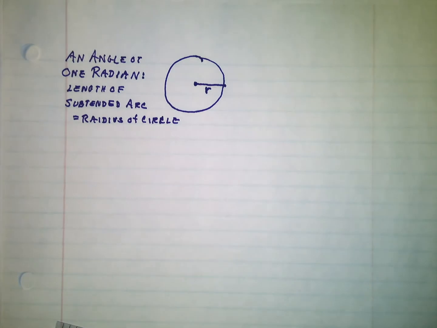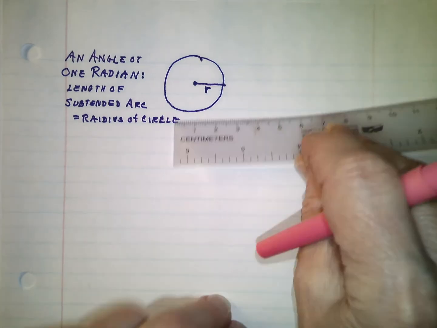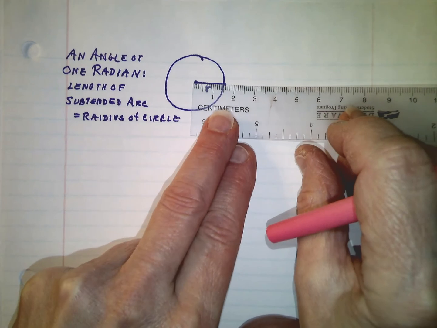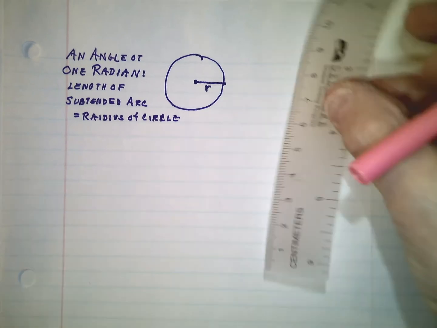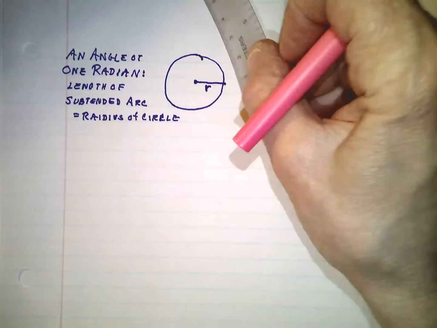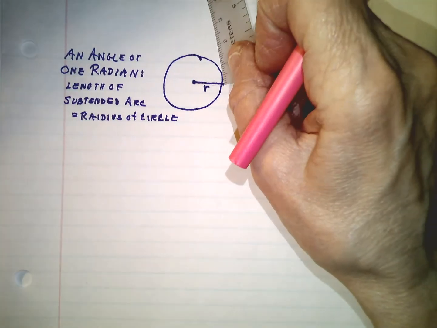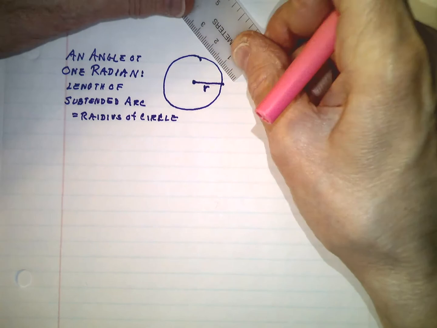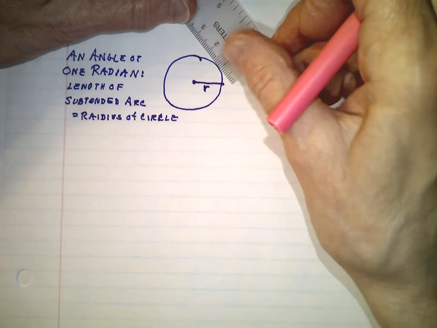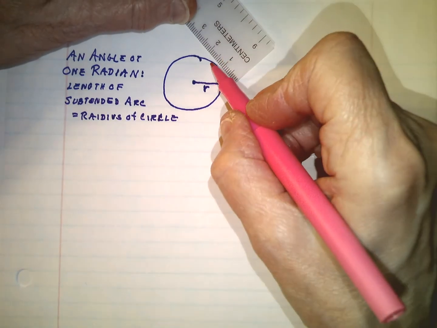So I'm going to try to do this, but we'll see. So if I measure the radius here, it's about 1.5 centimeters. So I'm going to try to roll this around from the initial ray around to 1.5 centimeters to about, this is hard to do, about here.